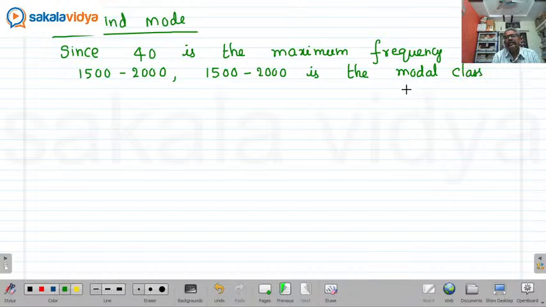That means mode of this frequency distribution lies in this interval.